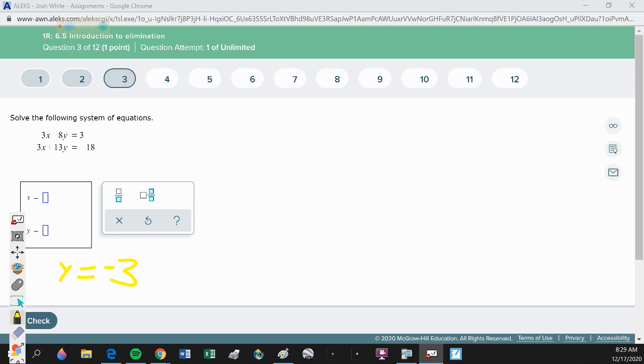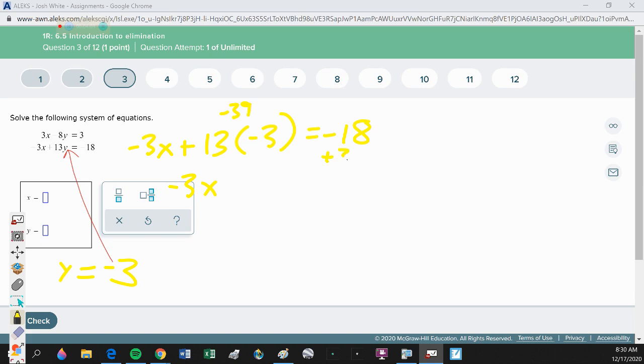Stick that back in. Put it right there. Negative 3x plus 13 times negative 3 equals negative 18. Negative 3x. 13 times negative 3 is negative 39.